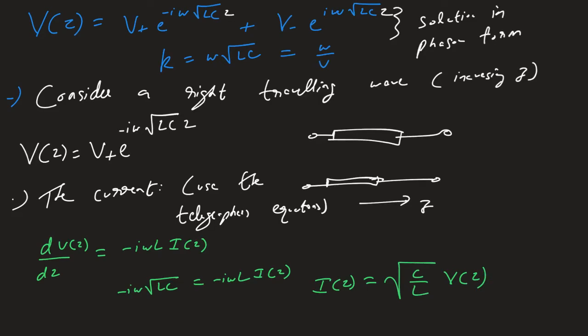So that's the current. So this is the current in phasor form. So now we have both current and voltage in phasor form.